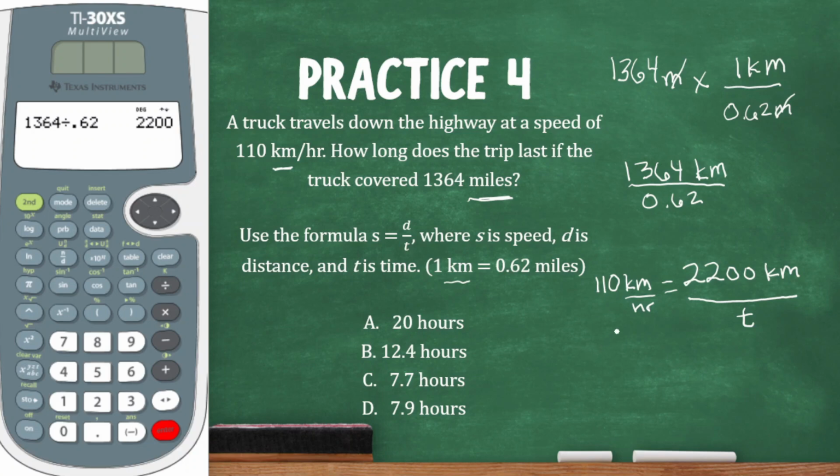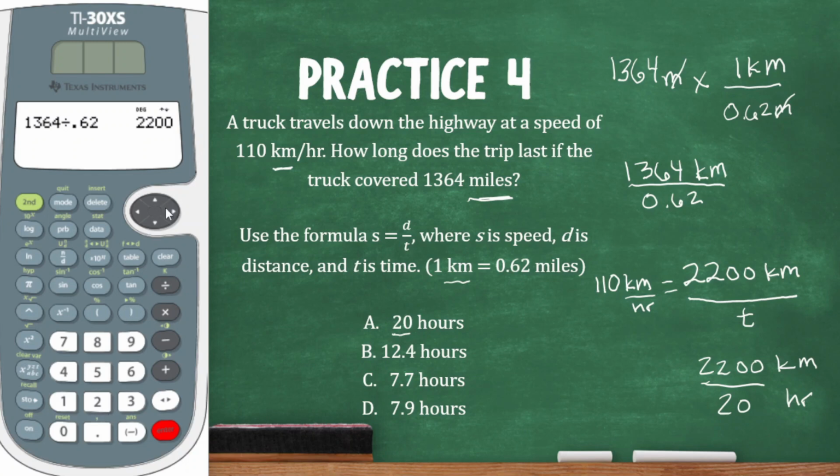So I could do this like I did the other problem and just substitute in these values for the time and see if I get a true statement. So let's plug in 20 hours, let's start with that, into the T, and that would give us 2,200 kilometers over 20 hours. And let's see what that equals.